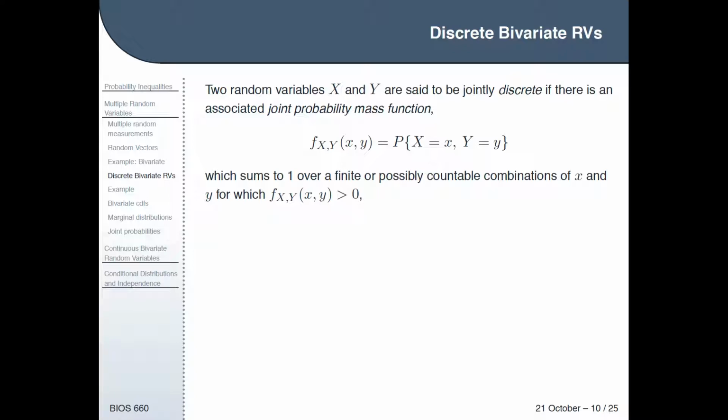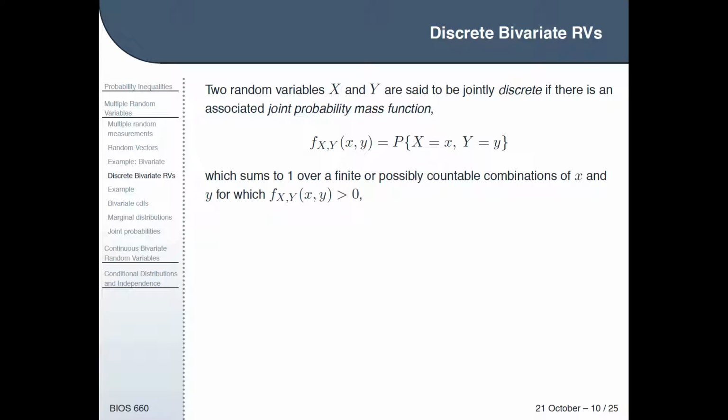But we can define joint probability mass functions for random vectors just like the way we did for individual random variables. If you want to find the probability that X equals little x and Y equals little y, then that's just defined to be little f of x and y evaluated at x and y, just like in the case of the single probability mass function.